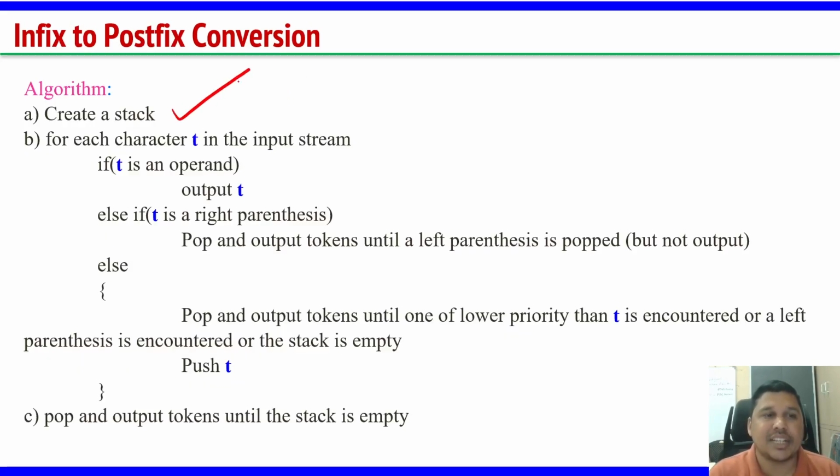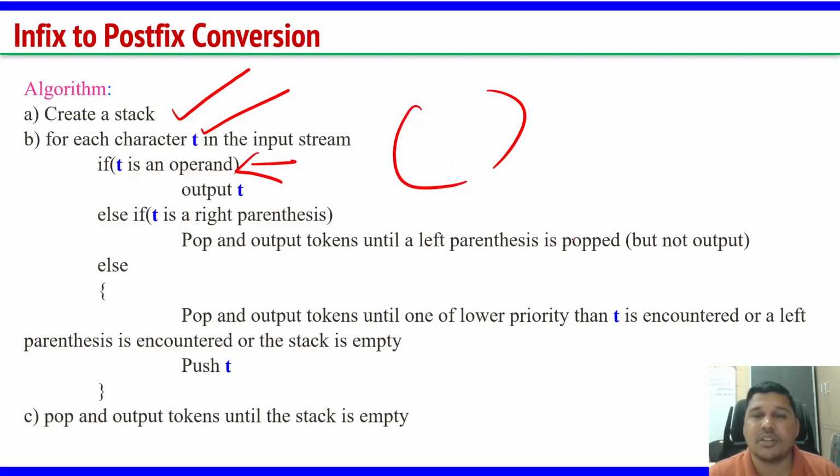Okay, create a stack, then iterate over each character. If there is an operand, output it as it is. If it's a right parenthesis, until a left parenthesis occurs, you keep popping out the elements. Otherwise, if there is some operator, you compare that operator with the existing stack operator.